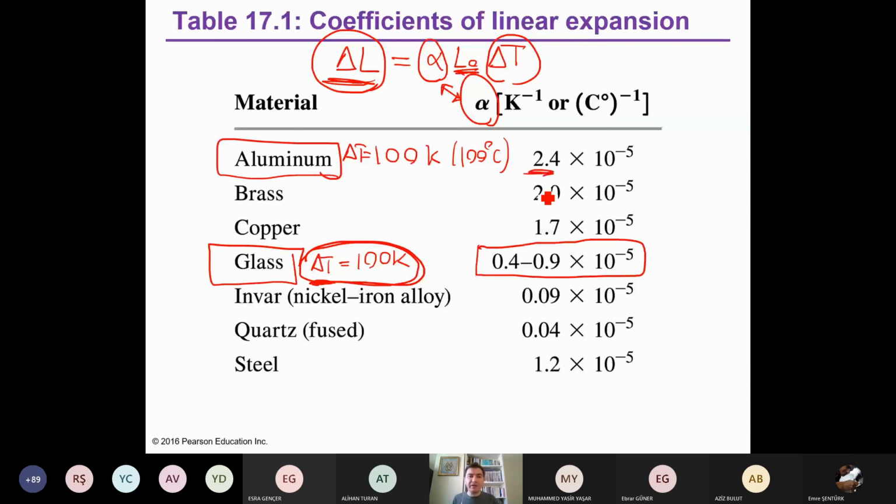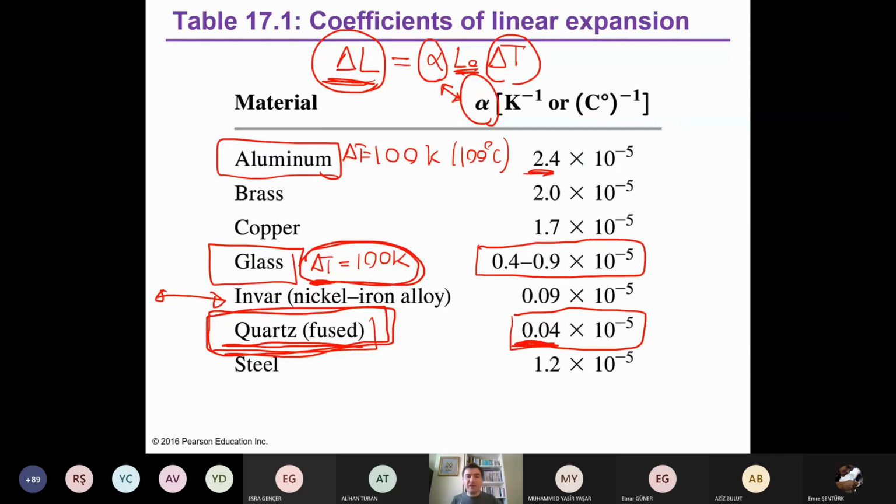And here we have quartz, fused quartz, so it has very low thermal expansion. And for technological applications, look at this one. For military applications, for technological applications, this information is very important. So a very low thermal expansion coefficient is required for some applications. So here there is another special material. The name is INVAR. It comes from the word invariable.